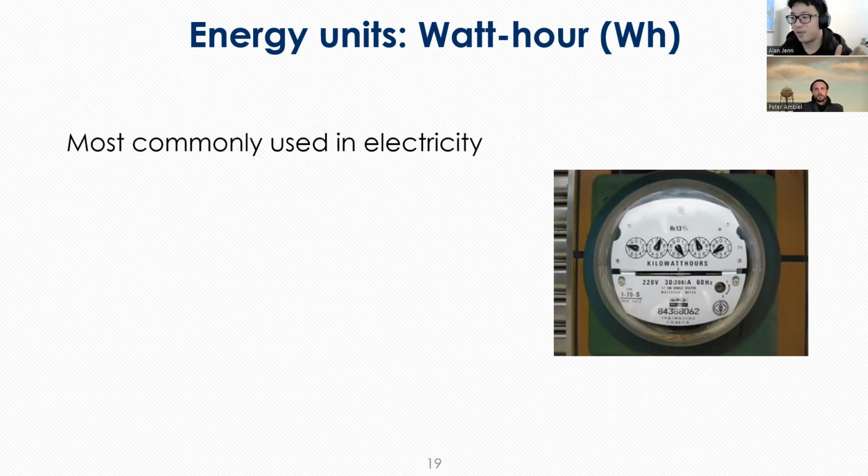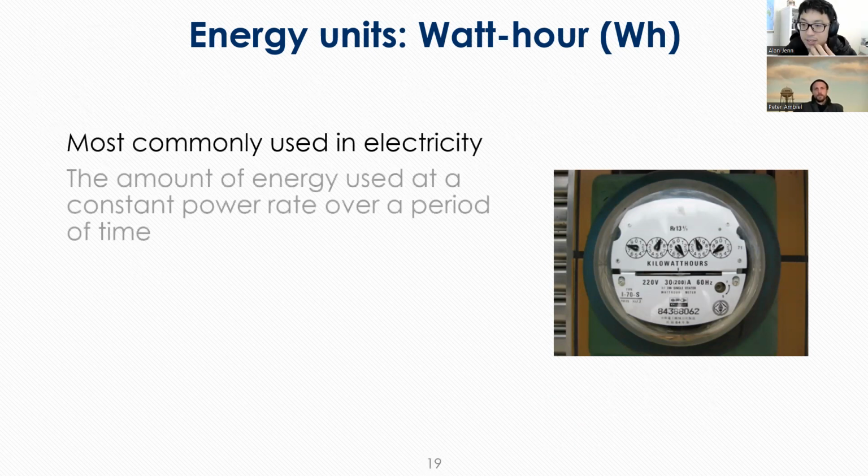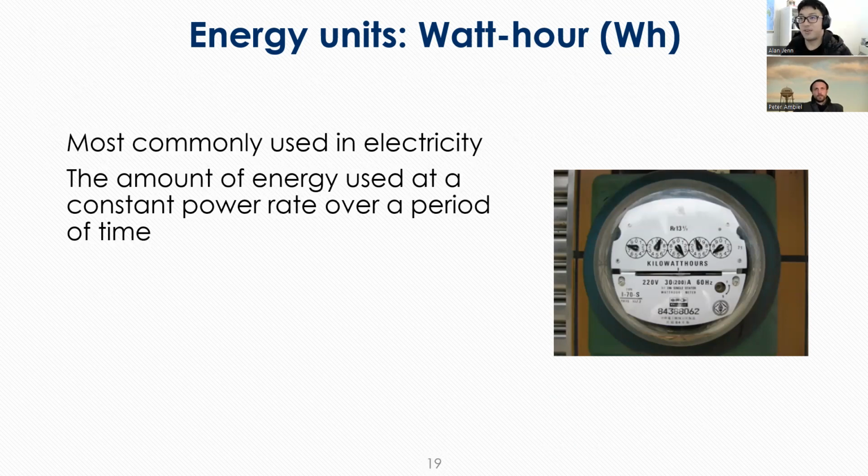But for now, just know that this is most commonly used in electricity, and it is the amount of energy used at a constant power rate over a period of time. So you probably have heard of watts before, which is a unit of power. And energy is the equivalent of some wattage used over a specified amount of time.